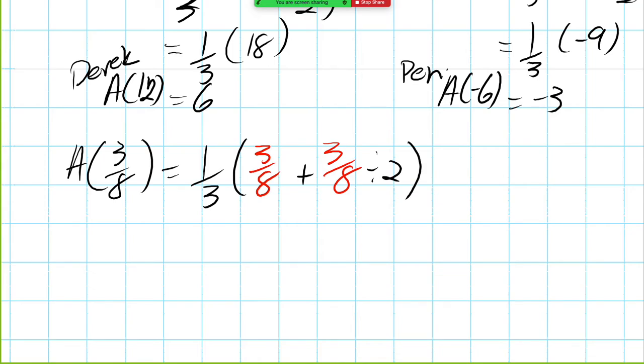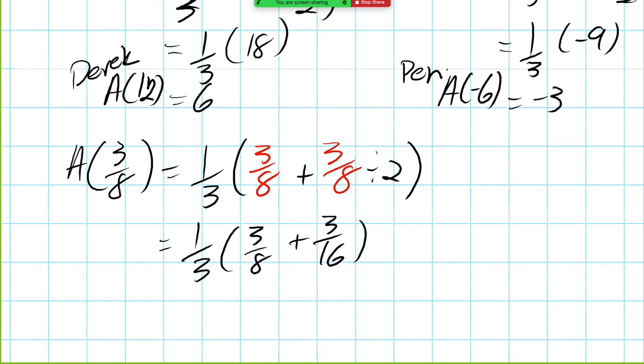It's a little simpler to look at. You could put a fraction over another fraction, and it's very doable, but I'm going to write it that way just so it's a bit simpler for us to look at. We'll get a third, 3 over 8. Divided by 2, you invert and multiply. So you divide by 2, that's going to give us 3 over 16.